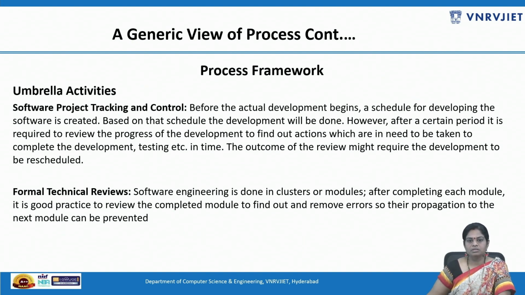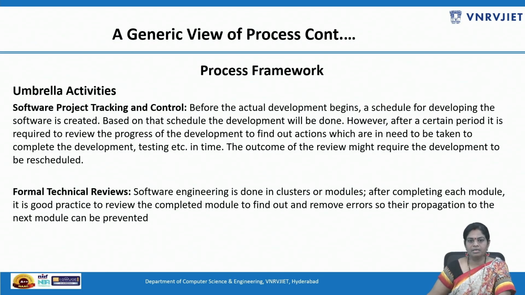This activity allows the software team to assess the progress against the project plan and also to take necessary action to maintain the schedule. Next one is formal technical review. With the help of these reviews, we can identify and fix errors before we move to the next action or activity.